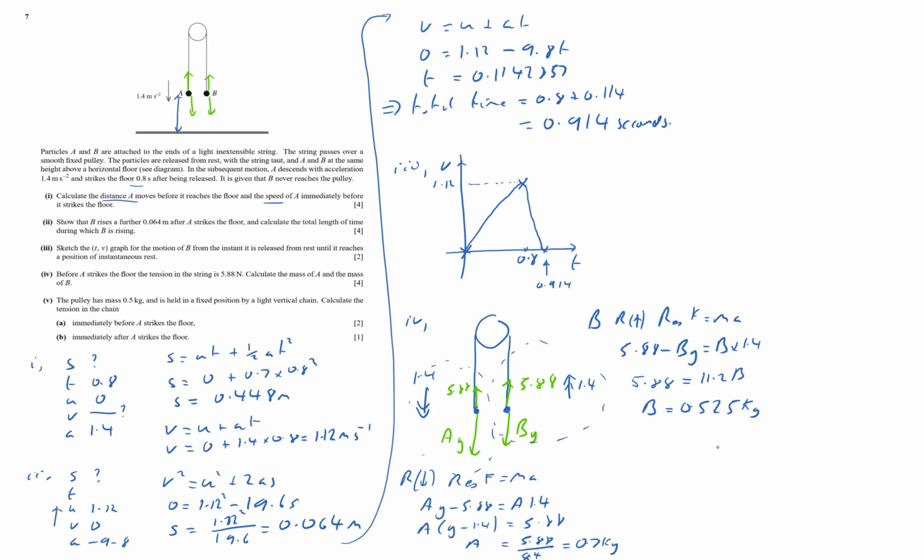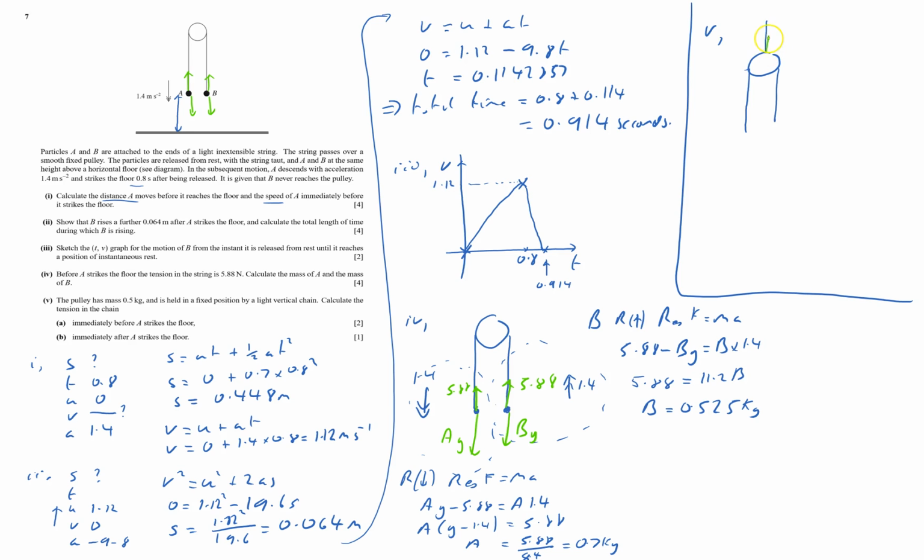And finally, part 5. Pulley has a mass of 0.5 kilograms, and so that's 0.5. It's got the ropes down here, and it's supported by a chain up there, and I have to work out the tension in this chain.